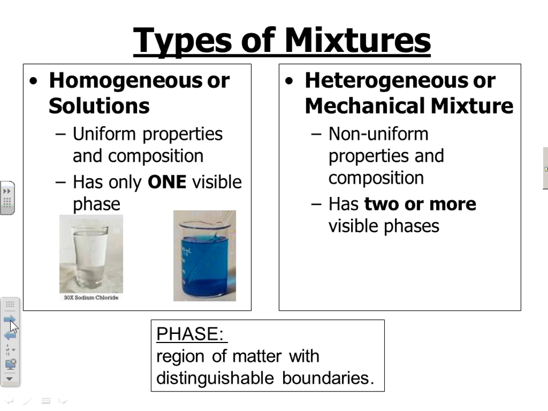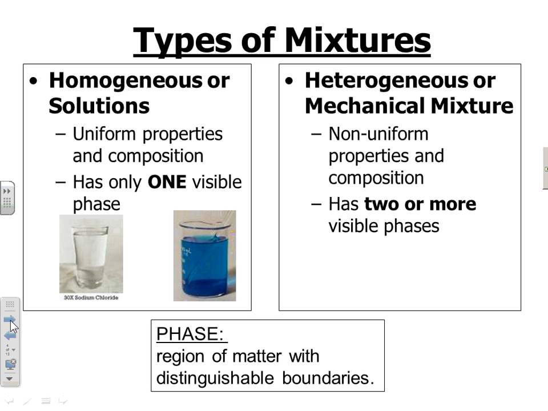This is the phase line, all right? So if you've got a mixture of oil and water, you actually have a water phase and an oil phase. So there are two phases in our mixture, and you can visually see the boundaries of those things. That's what makes it a heterogeneous mixture, all right?